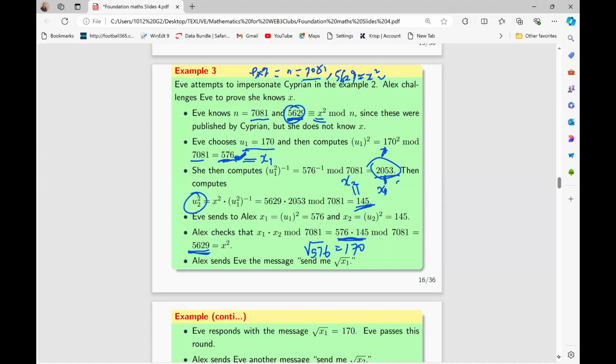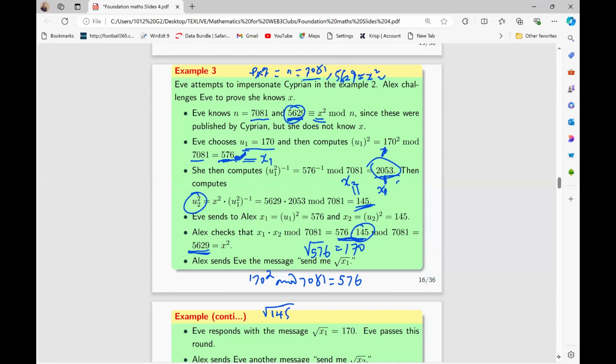She's right, because Alex will just take 170 and square it, mod 7081, and he'll find that the answer is 576. So she has scored the first question. For the second question, Alex will ask her, find the square root of 145. Give me the square root of 145.